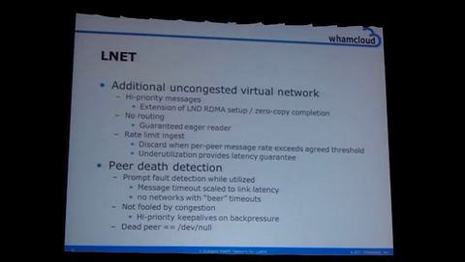Now, there's already a facility within LNet, inside the LNDs, to exchange messages even though upper levels are totally congested, because we have to be able to set up our RDMA at any time. And so that facility could be extended in order to implement high priority messages. So we have reserved resources in all the LNet drivers that allow you to do these sorts of setups. We can guarantee that the health network will be an eager reader and therefore will free any network resources in a timely fashion.